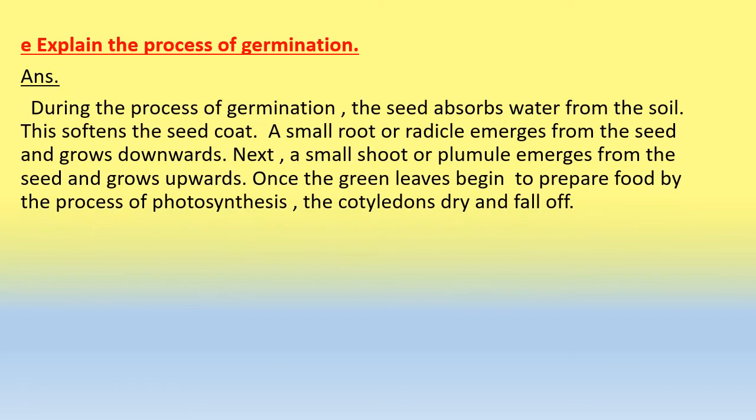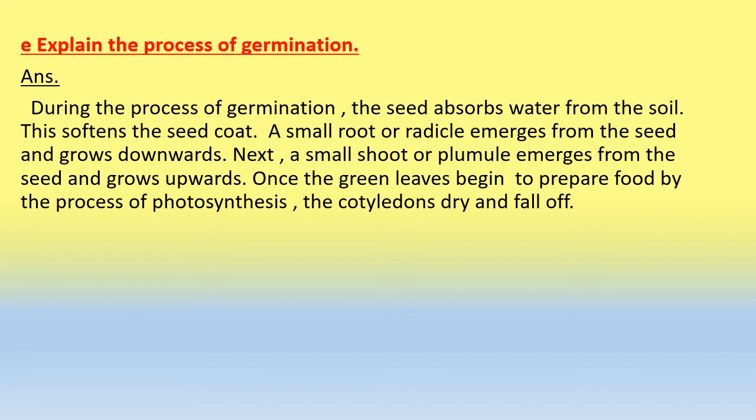Part E, explain the process of germination. So students, during the process of germination, the seed absorbs water from the soil, and this will soften the seed coat. Then a small root or radicle will emerge from the seed and grow downwards.